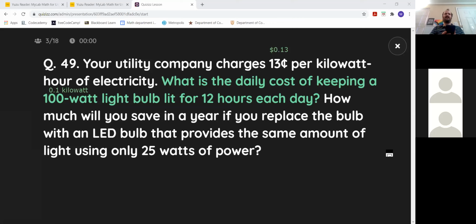And so they ask, what is the daily cost? So your unit should be in dollars. And you might have to round it.